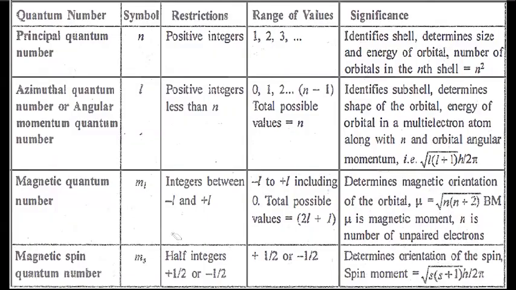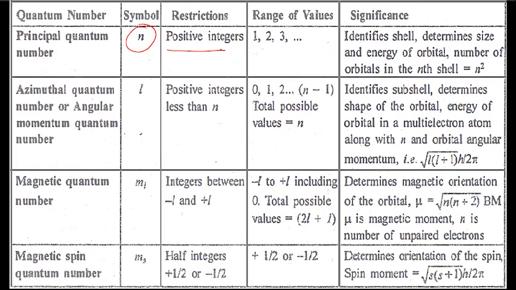So this is the summary. And as I said, I will be talking about the momentum also. I will be talking about this summary and will explain a few more things also. The principal quantum number gives us the shell number. It is always positive.